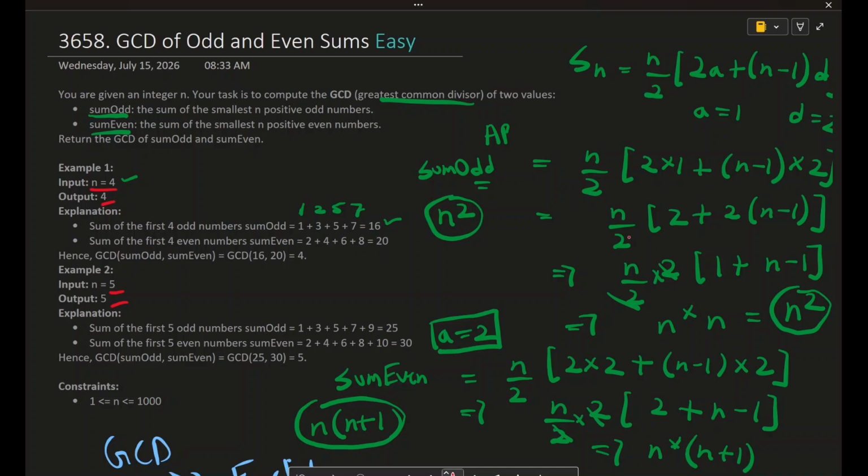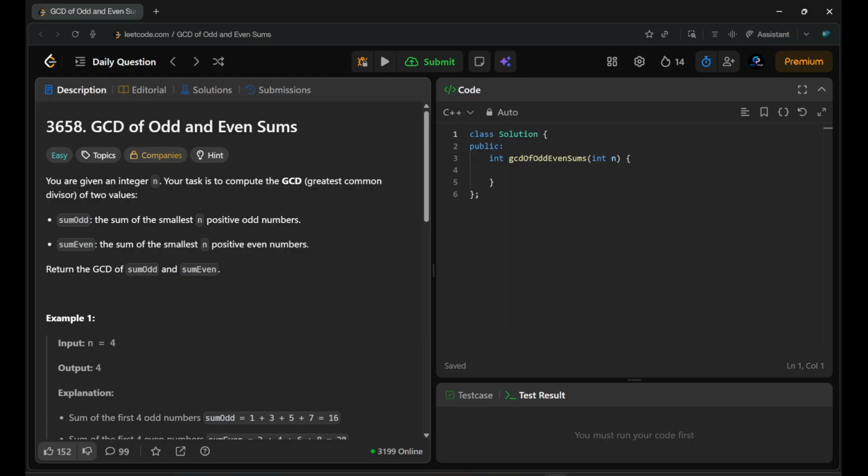I hope you got the logic, and we can now continue with the implementation part. So I'm just writing the code. First, I will write int sum odd equals n square, that is n into n, and int sum even equals n into n plus 1.